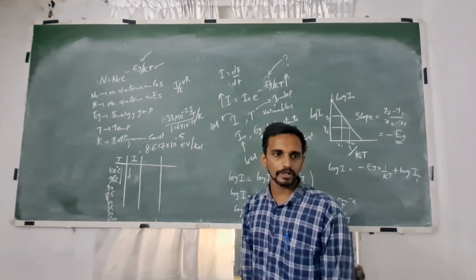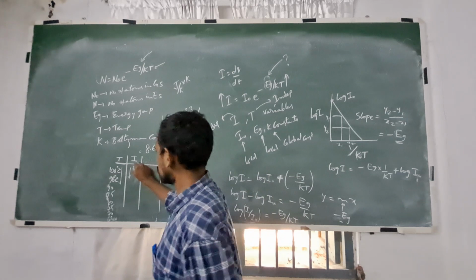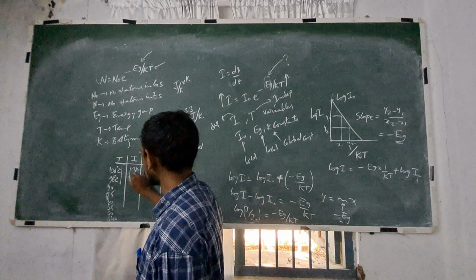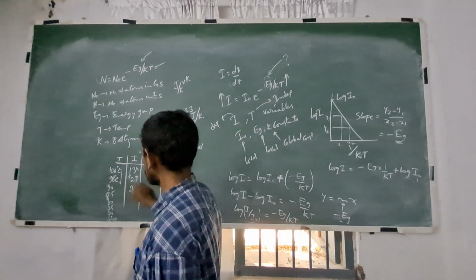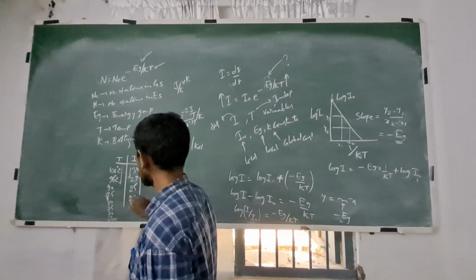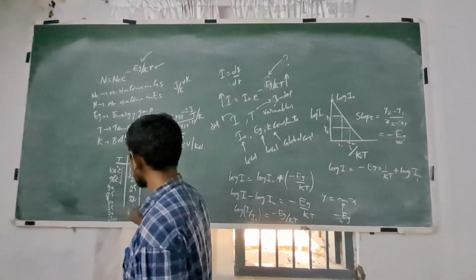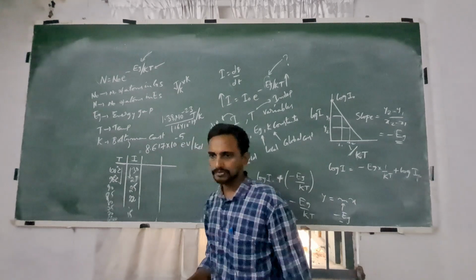So that will be in microamperes. Here, if it is something like 30 microamperes, then 27, 25, 22, 15. Get some numbers.